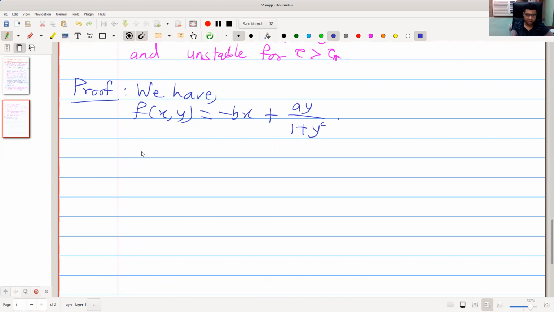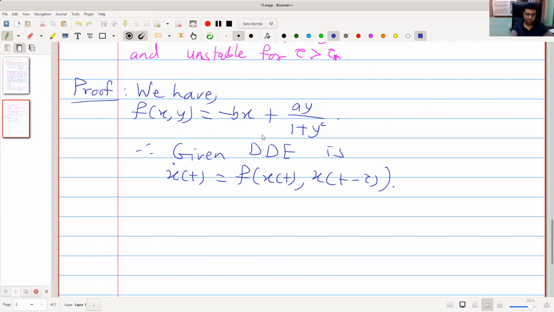And therefore the given delay differential equation is x dot of t equal to f of x of t minus tau. So we are calling the right hand side as f.